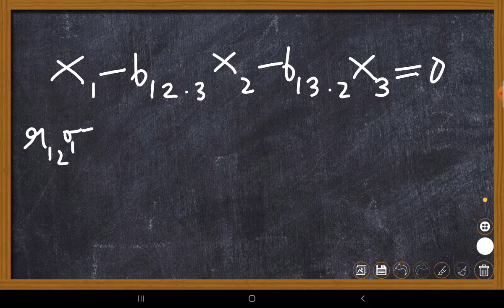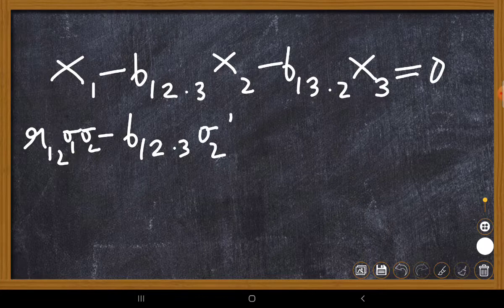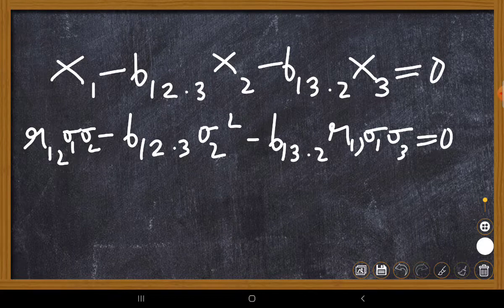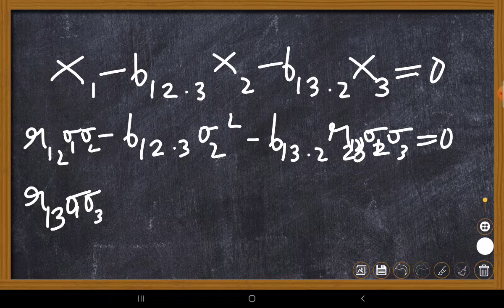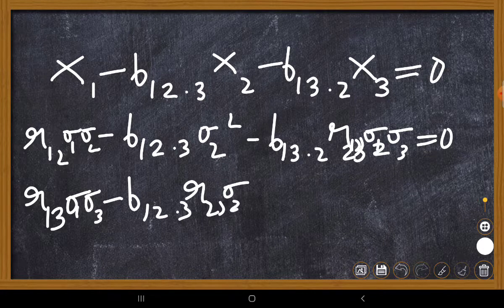Okay, and you have to compare this equation 1 with the previous equations just now. One: r12 sigma 1 sigma 2 minus b12.3 sigma 2 square minus b13.2 r23 sigma 2 sigma 3 equal to 0. Then we have r13 sigma 1 sigma 3 minus b12.3 r23 sigma 2 sigma 3 and minus b13.2 sigma 3 square.